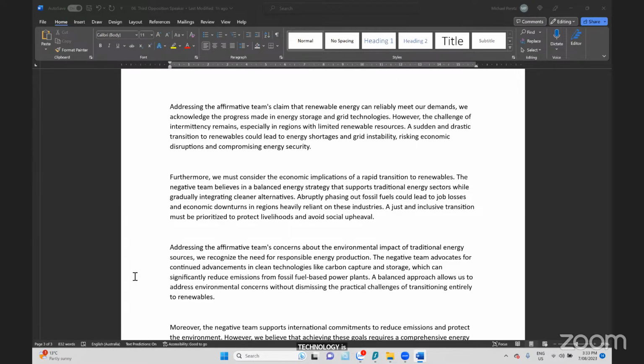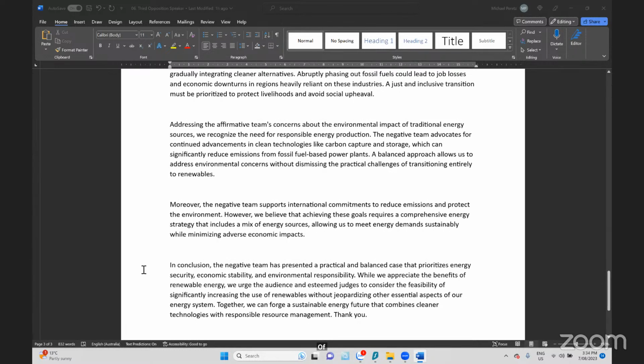We can significantly reduce emissions from fossil fuel-based power plants. A balanced approach allows us to address environmental concerns without dismissing the practical challenges of transitioning entirely to renewables.